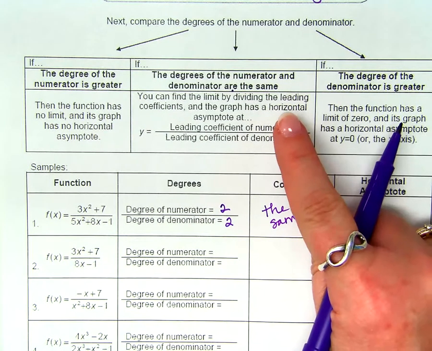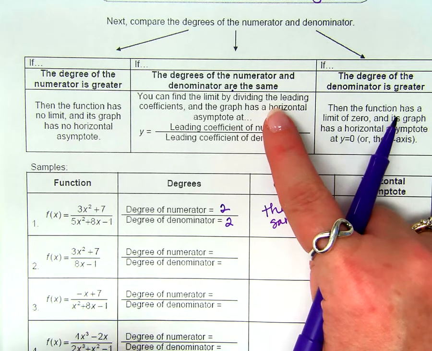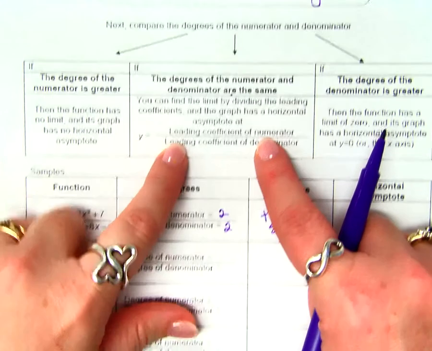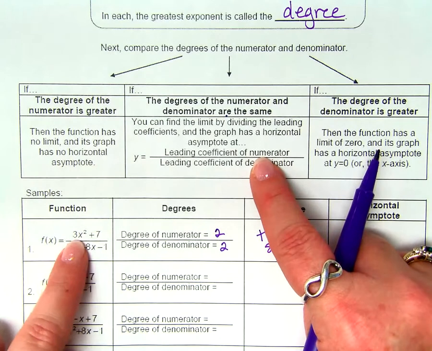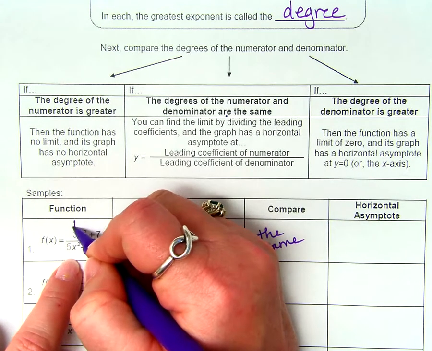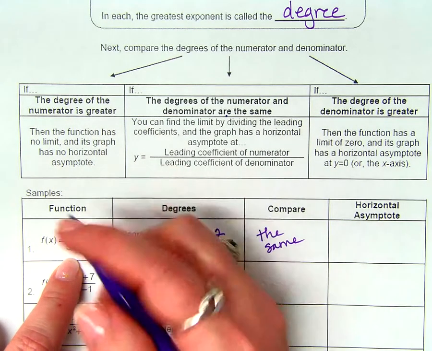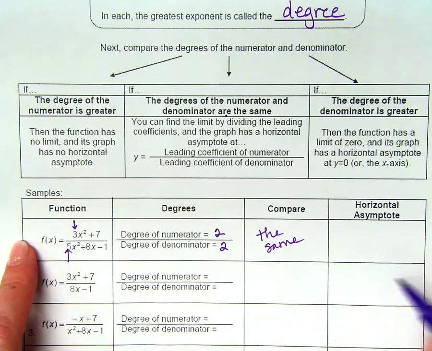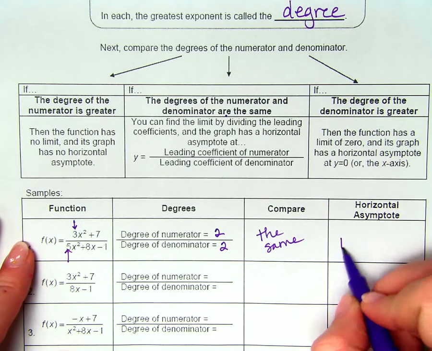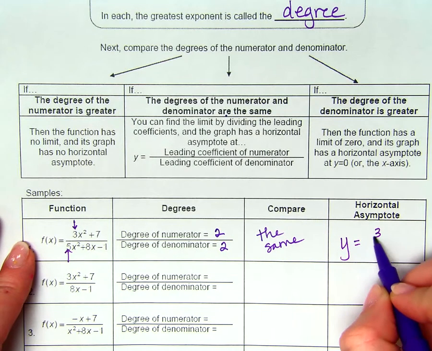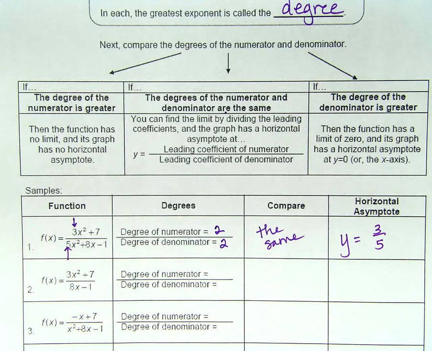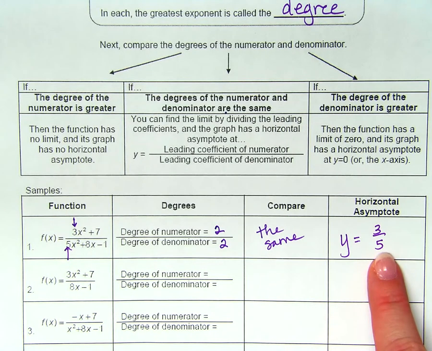When they are the same, you look at the leading coefficients. The leading coefficient of the numerator is 3, and the leading coefficient of the denominator is 5. So that means your horizontal asymptote is at y equals 3 over 5. That's the horizontal asymptote. That's the limit.